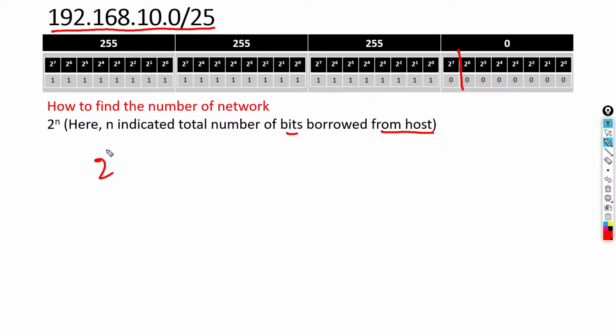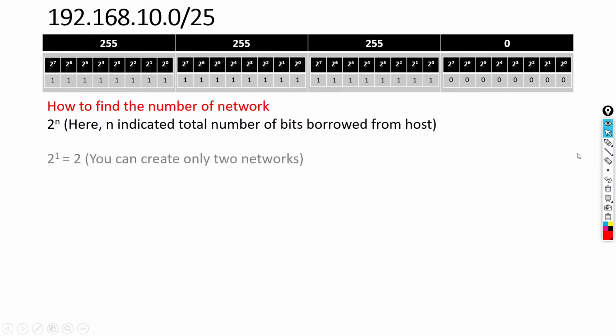It is 2 to the power n, right? So how many bits have we borrowed from the host? We have borrowed only 1 bit from the host, right? So here 2 to the power 1, which is equal to 2. It means you can create 2 different networks.